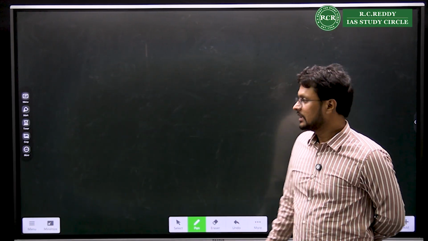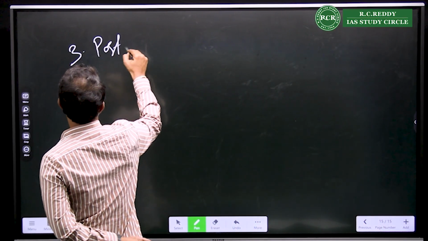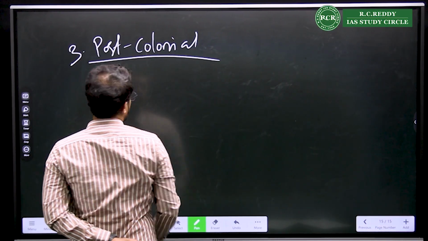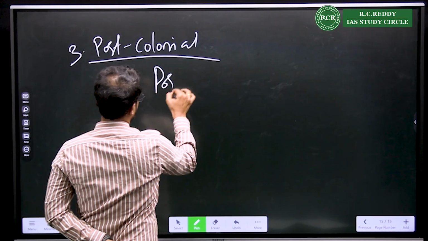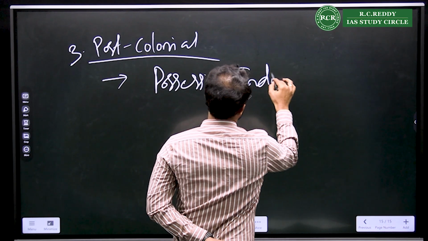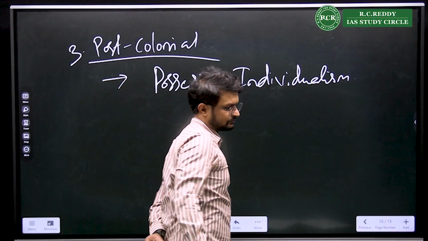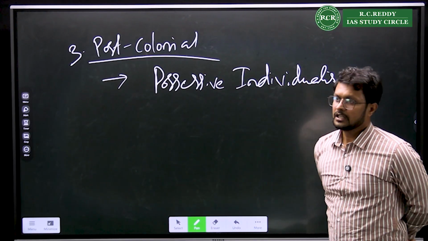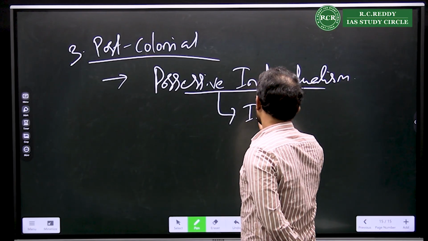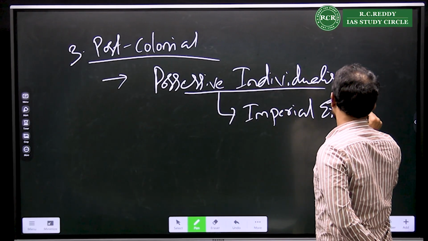And next came the post-colonial theory, which cautioned against excessive possessive individualism. The post-colonial theories cautioned about excessive possessive individualism. Right? Because these possessive individualist theories have given way to what is known as imperial extraction.